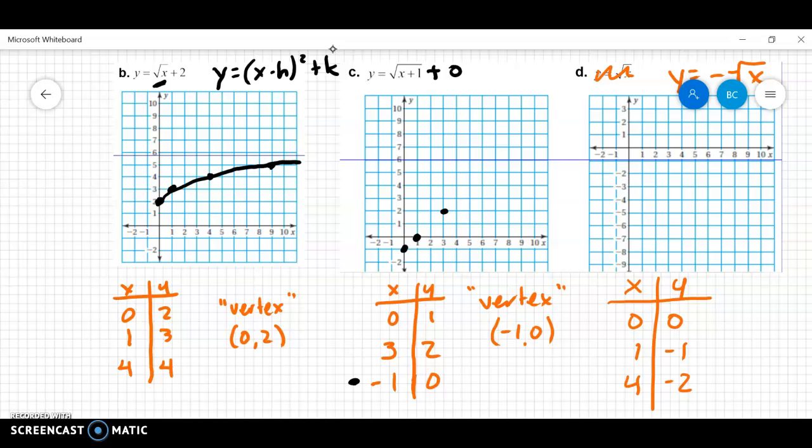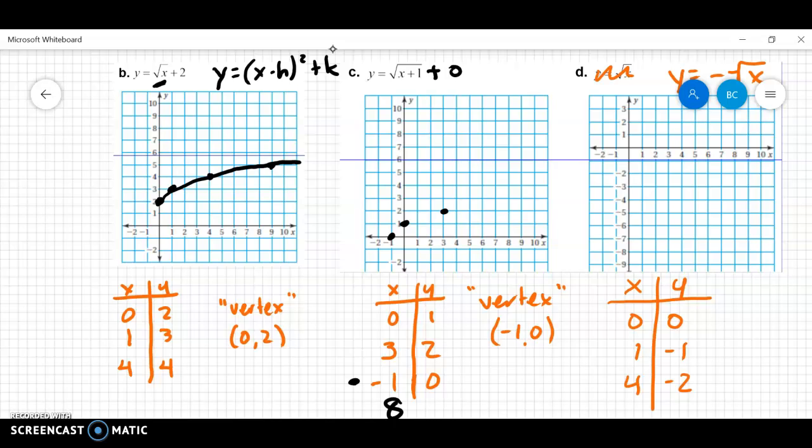I did not graph that correctly. Erase. I've got -1, 0, 0, 1. I could tell when I started to do that, I could tell by the shape of my graph that it wasn't right. So I'm going to do one more out here. I want this to be 8. 8 plus 1 is 9.